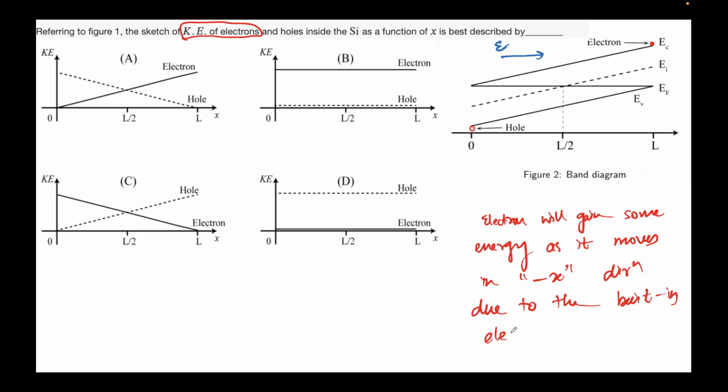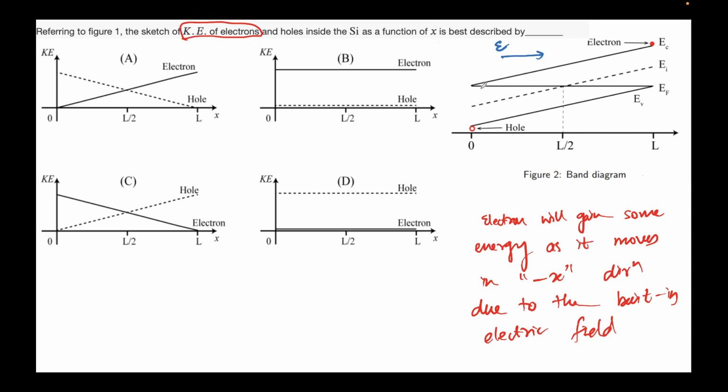The electric field that we calculated in the last slide is called the built-in electric field, because it's not external. Please be careful, this is not an external field, this is the internal electric field due to the doping. So the electron will gain some kinetic energy, but at this point the kinetic energy will be 0. At this end it would have gained some kinetic energy.